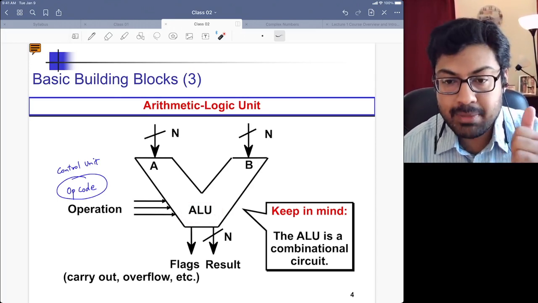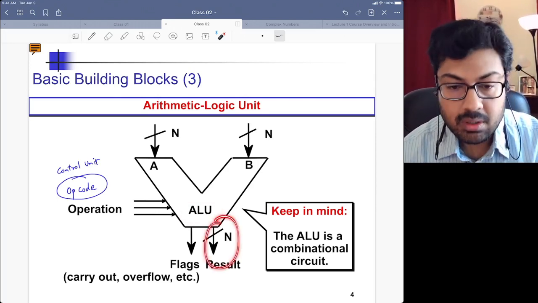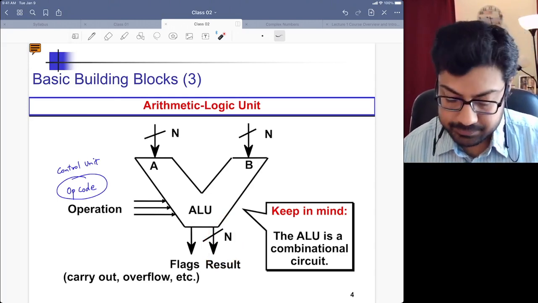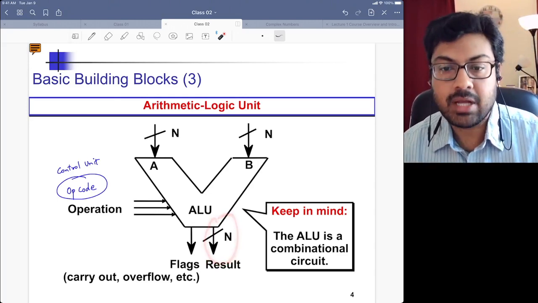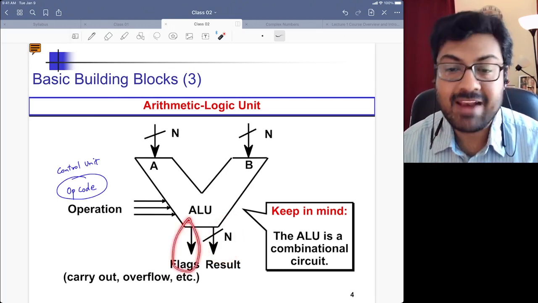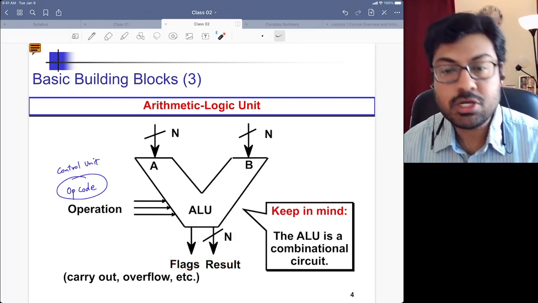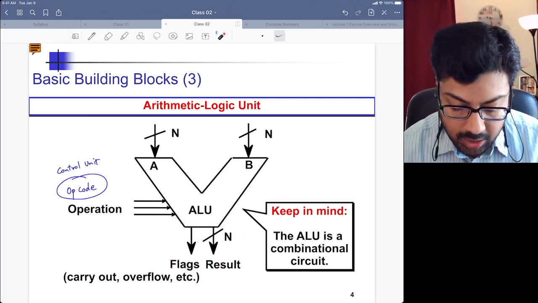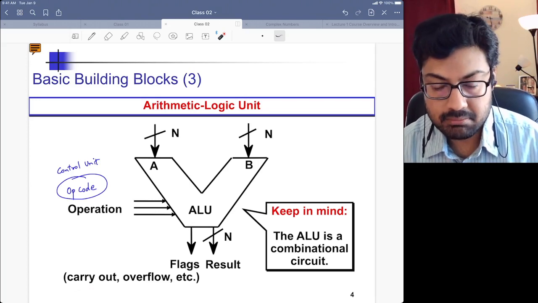One is your n-bit result. You may be interested in storing it onto memory, or you may not. But whatever. There's an n-bit output for that ALU, as well as certain flags, which can be monitored by the user to know whether or not there was a carry out.